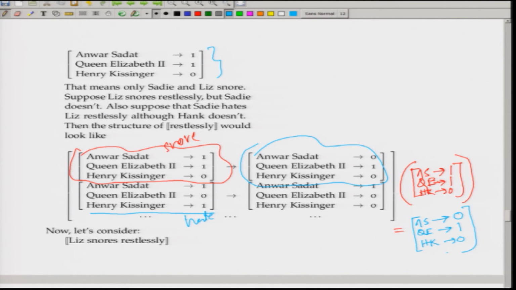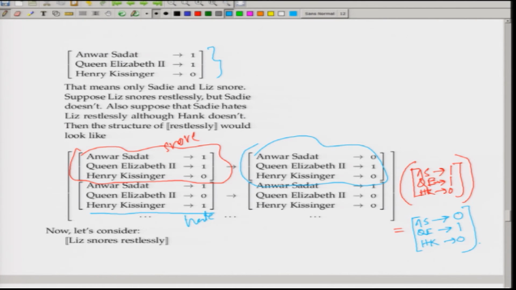HK means Hank. Hank does not snore at all. So, if somebody does not snore, they cannot snore restlessly anyway. So, this is how we understand it, and then this is another function, right.